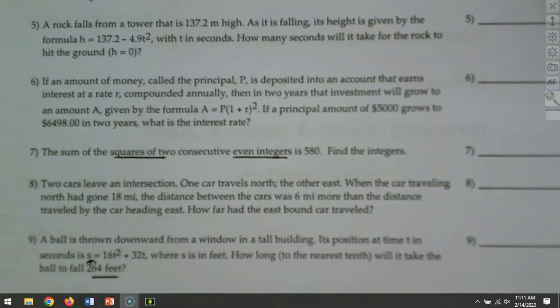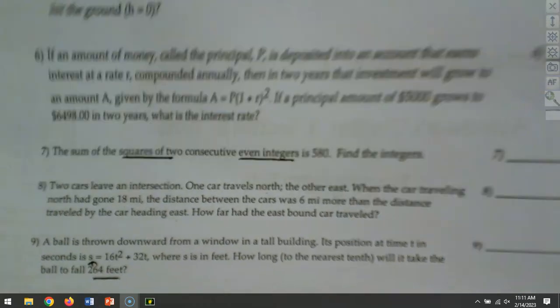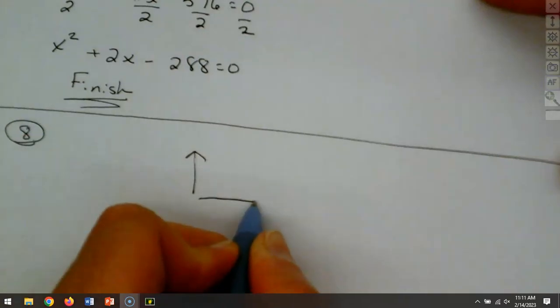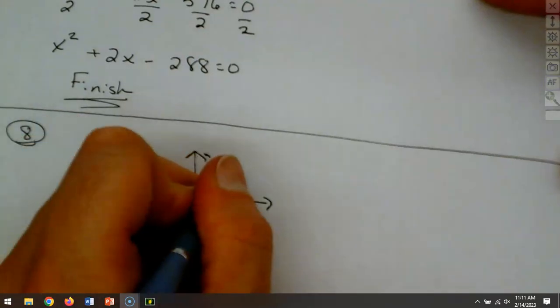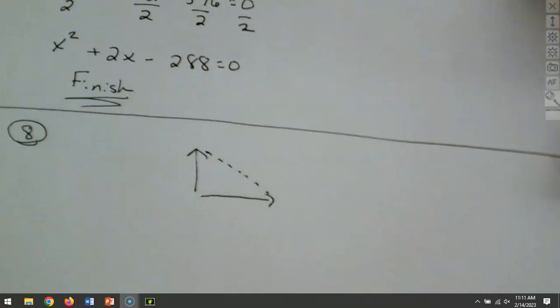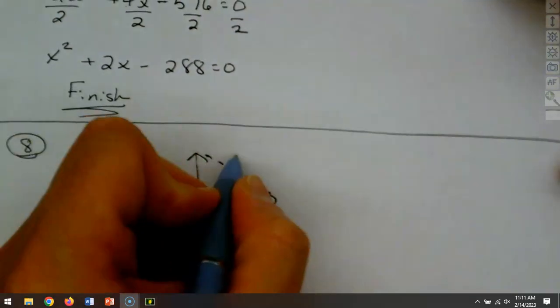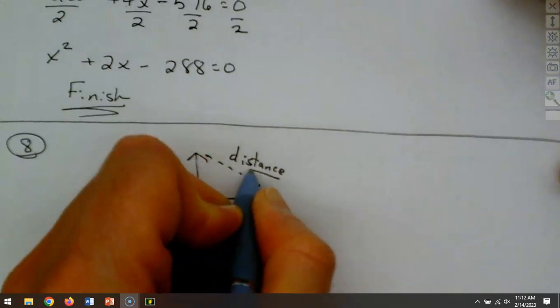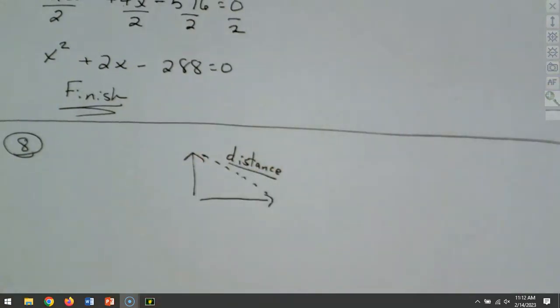So we've got two cars. We've got a car going north, and we've got a car going east. And then we've got this dotted line that represents the distance between them. The shortest path between 2 points is going to be a straight line, so that's going to be the distance between them. So what do we know here?